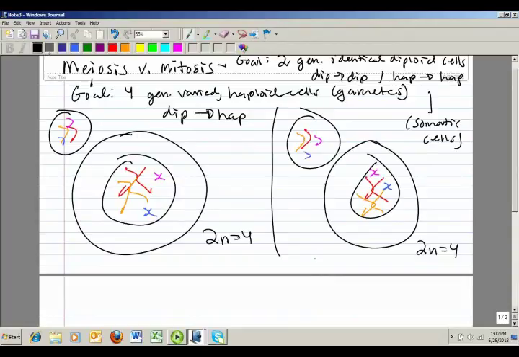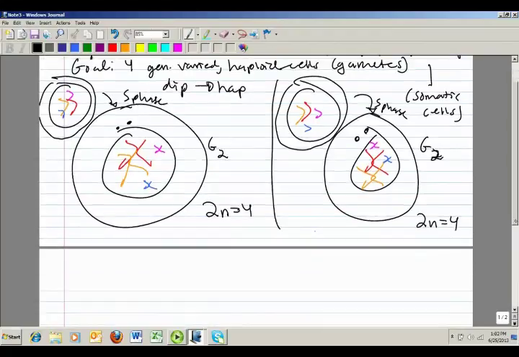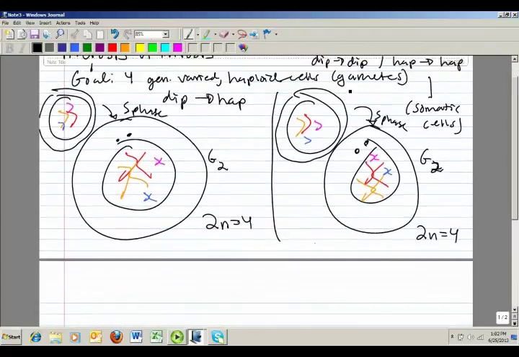Okay, so we'll draw the nucleus, inside the nucleus. So this would be S phase. And this would be something like G2 and interphase, okay? So it's ready to go. It's duplicated its centrosomes, and it's going to divide now.